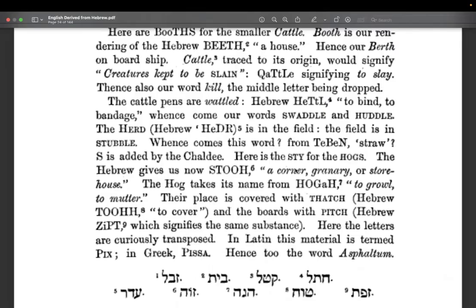The hog takes its name from hoga, to growl, to mutter. Now, that might also be the case, but we also have the Chog, which is the festival, and the hog was eaten at the feasts for when our forefathers went pagan, some of them. But just to be clear, Scripture never permits us to eat anything common or unclean.